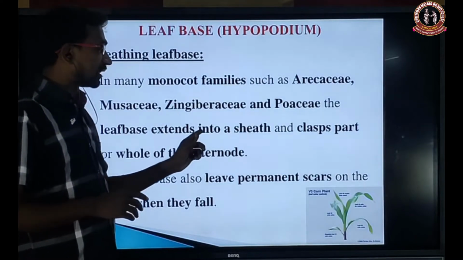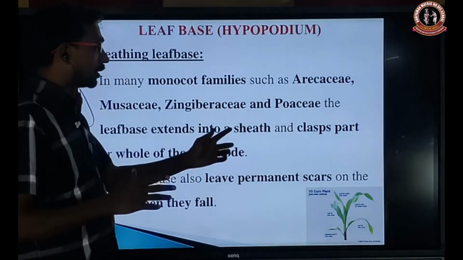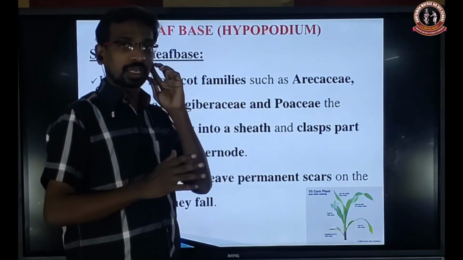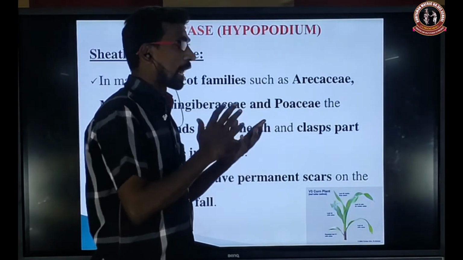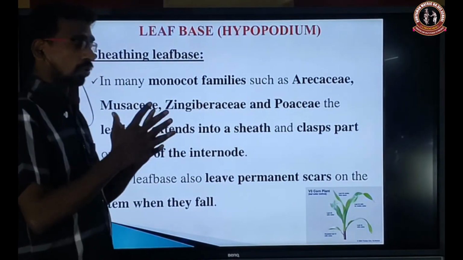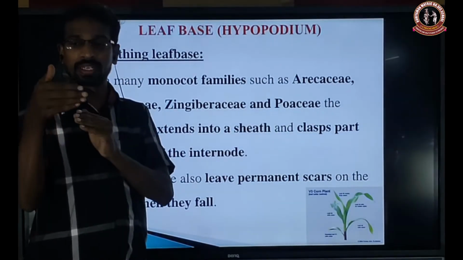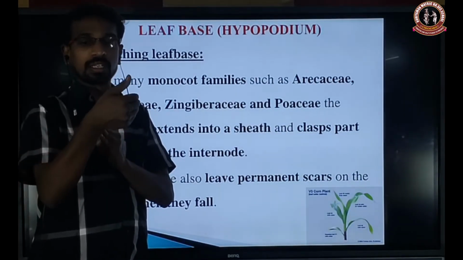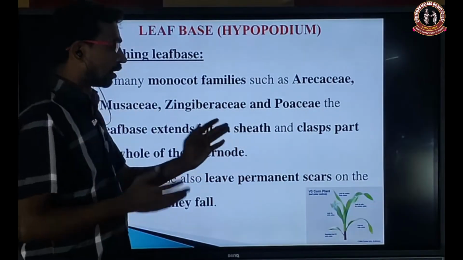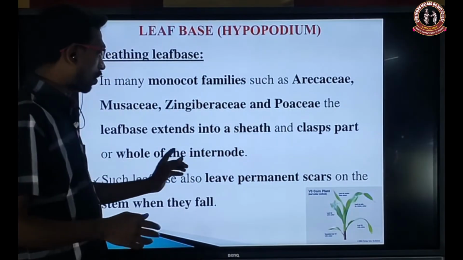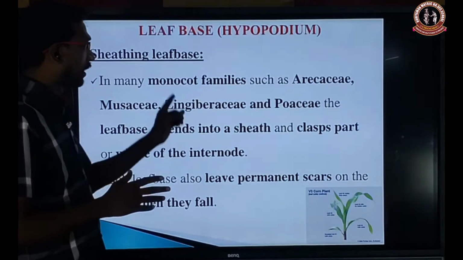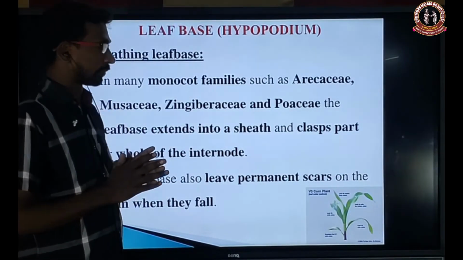The leaf base is extended into a sheath and clasps the stem. When clasped, it is surrounded either partly or wholly, wholly meaning fully, the whole of the internode. That is the sheathing leaf base.